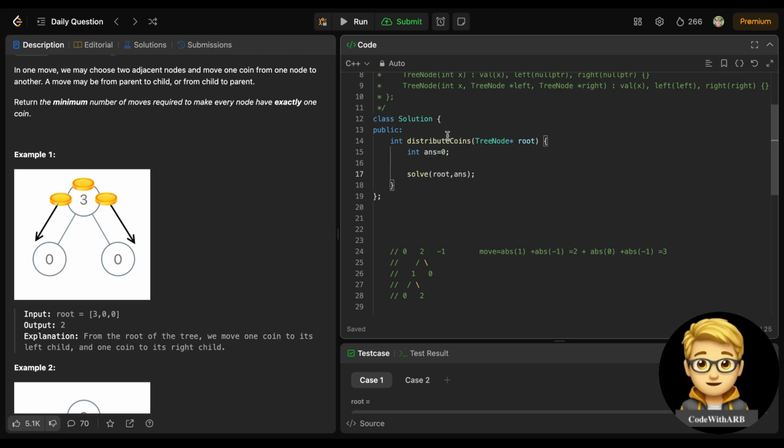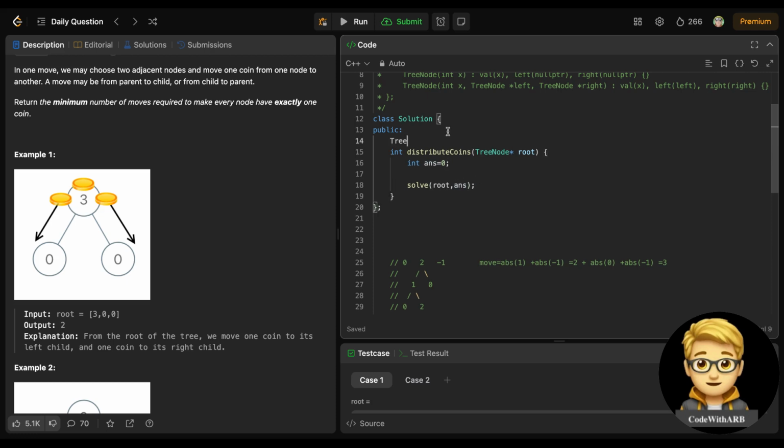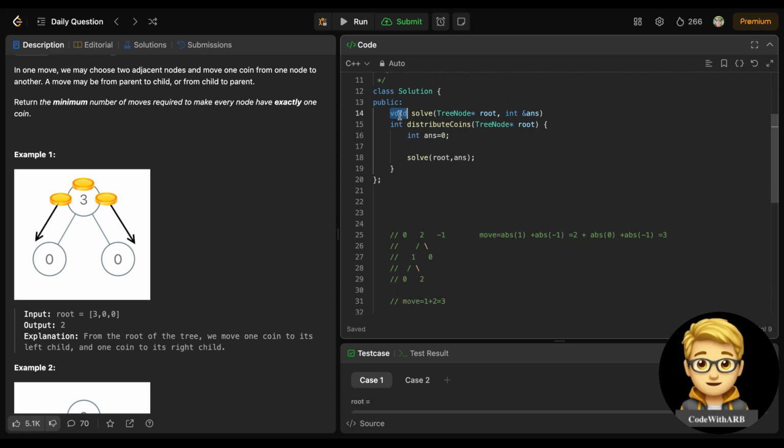So let's take it as void solve(TreeNode root, and this is answer). This is for the number of moves. And I also need to return the number of coins, right?